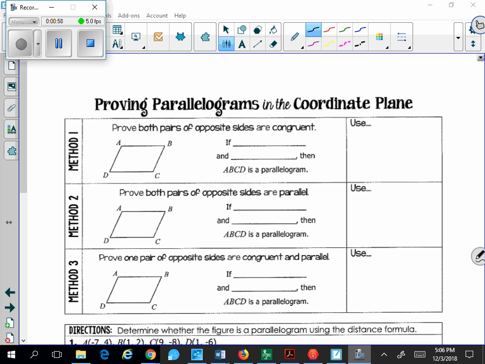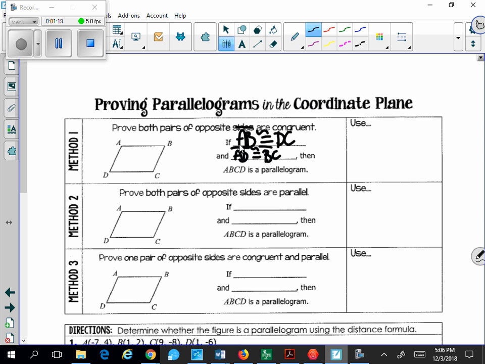So what that means is, if I've got this parallelogram, I want to say side AB is congruent to side DC. And I also want to say that side AD is congruent to BC.